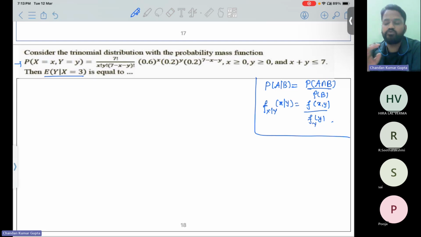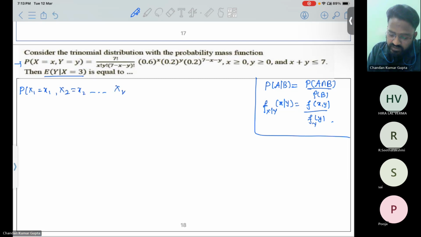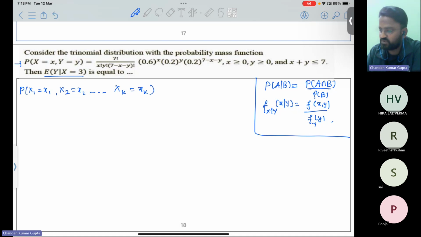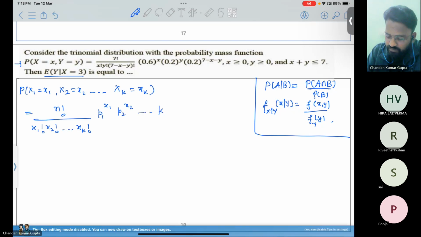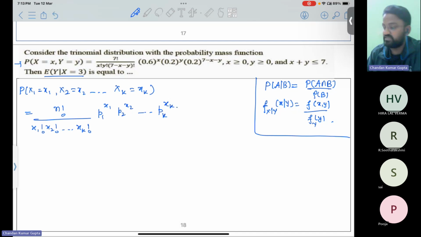Suppose x1, x2 up to xk are multinomial, then the probability that x1 equals x1, x2 equals x2, up to xk equals xk is n factorial upon x1 factorial, x2 factorial up to xk factorial, then p1 to the power x1, p2 to the power x2, up to pk to the power xk.